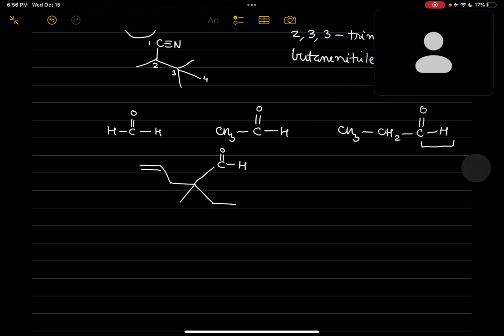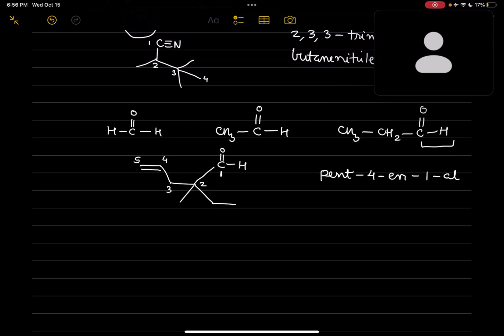First of all, I'm going to start with the numbering. This is the principal functional group: 1, 2, 3, 4 and 5. Because that has the double bond, this is the parent chain. Pent-4-en-1-al.